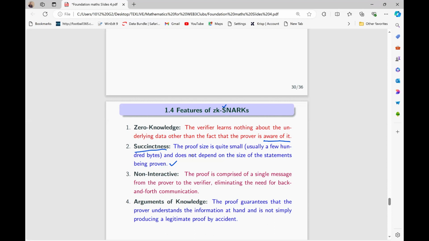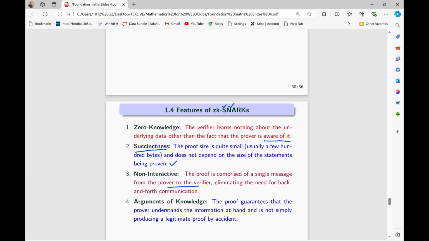And then there's the N, non-interactive. Non-interactive, as we began, I said that the prover is supposed to send only one communication. So that's what it means. The proof is comprised of a single message from the prover to the verifier.